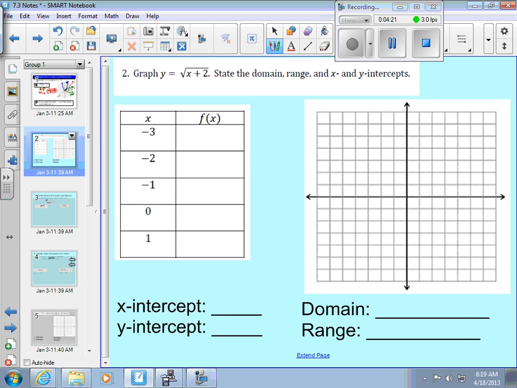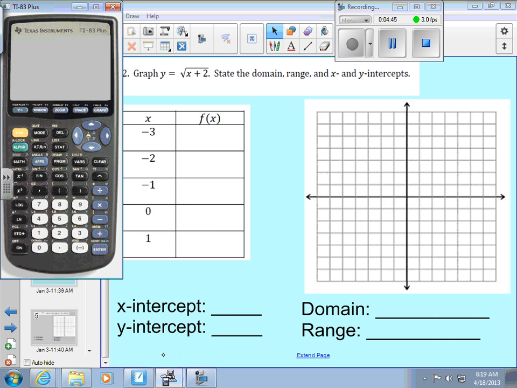All right, let's go down to the second problem. On this one, they also want us to graph this one out. There's a little table provided for us. We want to plug those numbers in and see what we get. So you can just simply take your numbers, plug them in for x, see what you get, and write the result here. Or you can use technology to help you. Let's use our calculator to graph again.